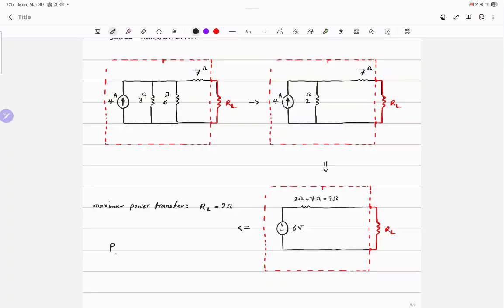And what is the maximum power? 8 volt squared divided by 4 times 9 ohms, right? Based on the formula. The value is 1.778 watts.